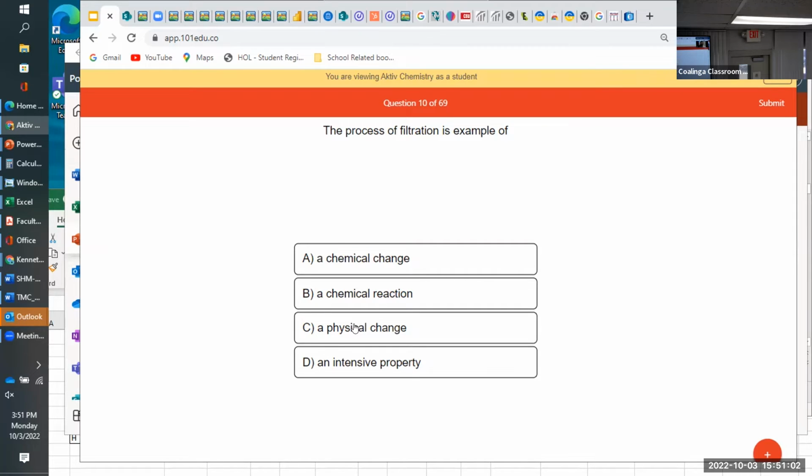Remember intensive and extensive? Just because you're removing something, you're removing solids from the liquid. It's like what we did in the earlier questions. So do you guys say it's C? Yeah, strong C, C as in cat.